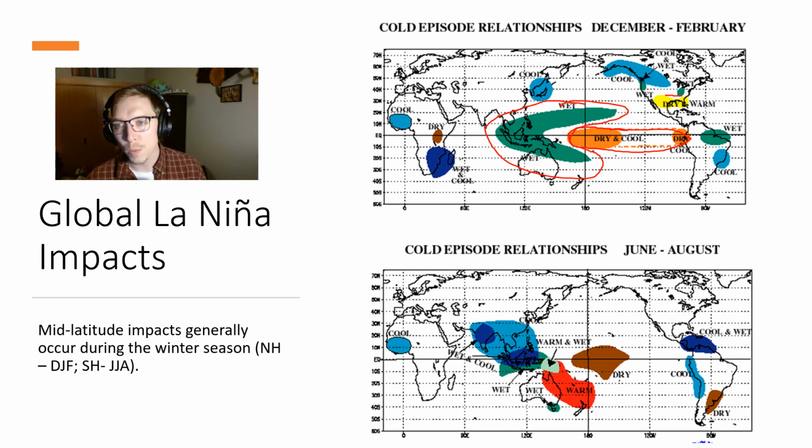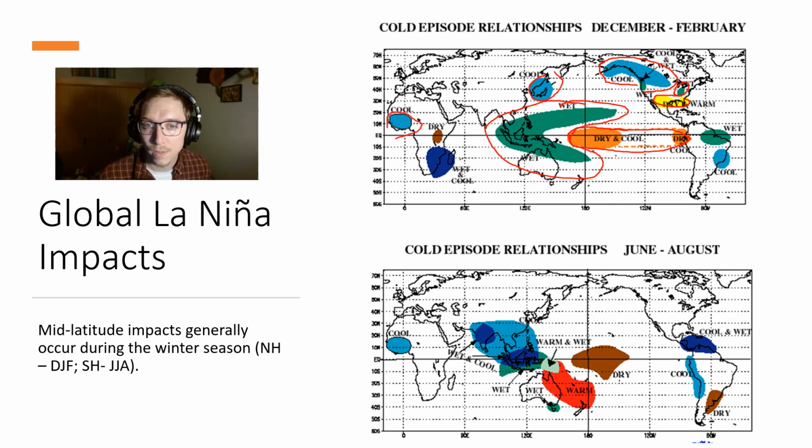Drier and warmer in the south of the United States, a bit wetter south of the Great Lakes into the Pacific Northwest. Cooler along the coast of Alaska and British Columbia into the interior of Canada. Cooler around Japan. Cooler around the west edge of Africa. We see these effects spanning out here.